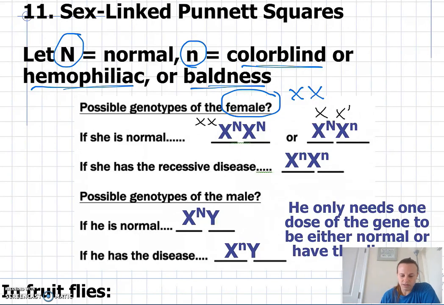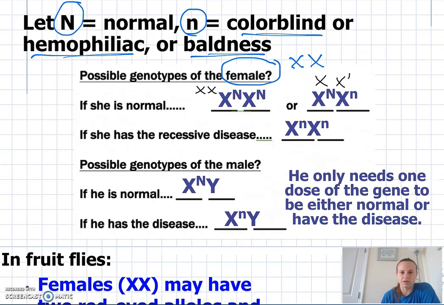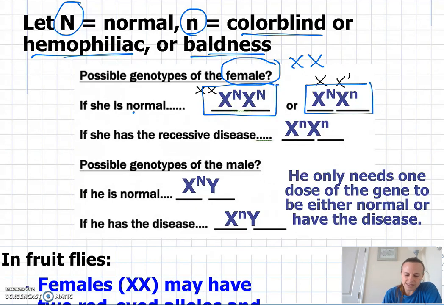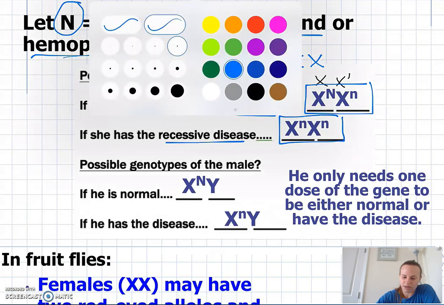Now check out the possible genotypes of the female. The female can be either homozygous normal or heterozygous normal and still not have the disease. However, she can have the disease if she has the recessive alleles from both parents.